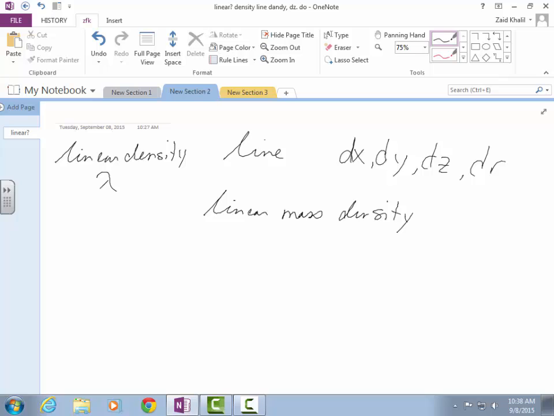Be careful. What is density? Increment of mass divided by whatever our parameter is. In this case it's linear, so increment of mass over the increment of length. So lambda equals dm/dx, or dm/dr, or dm/dy.